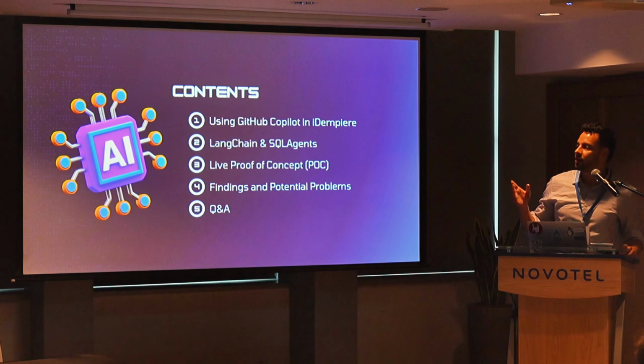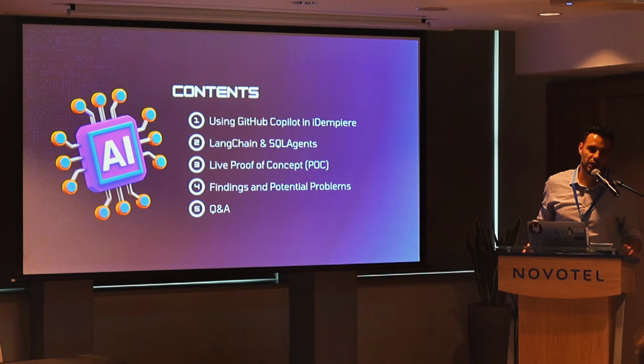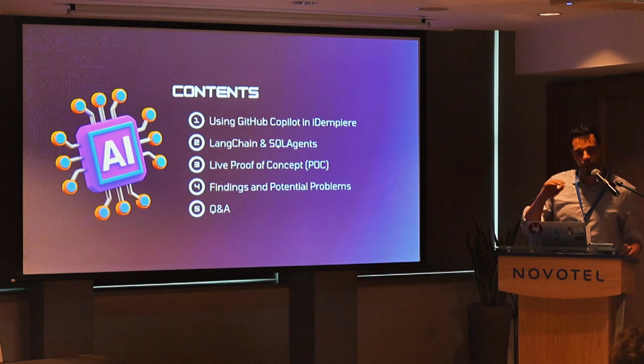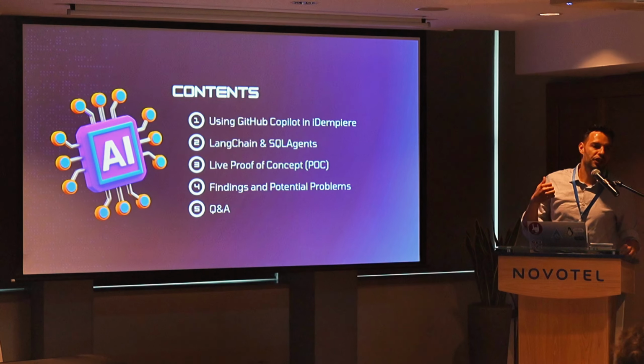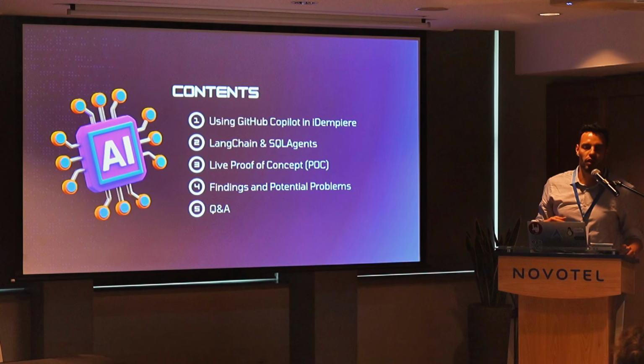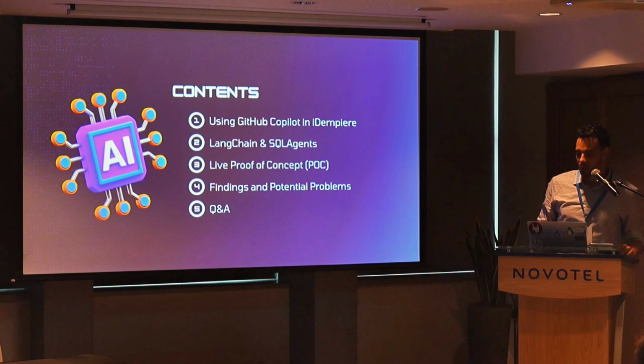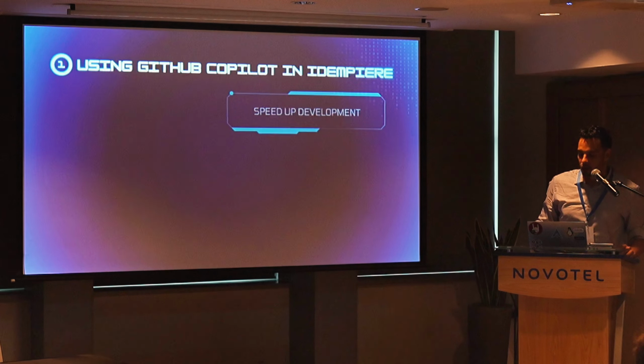The proof of concept I created is using LangChain and SQLAgents. I will not go too deep into detail because it would take 2 days to explain the whole thing, but I will give an overview of what's possible, what challenges I faced, what problems I noticed, and so on.